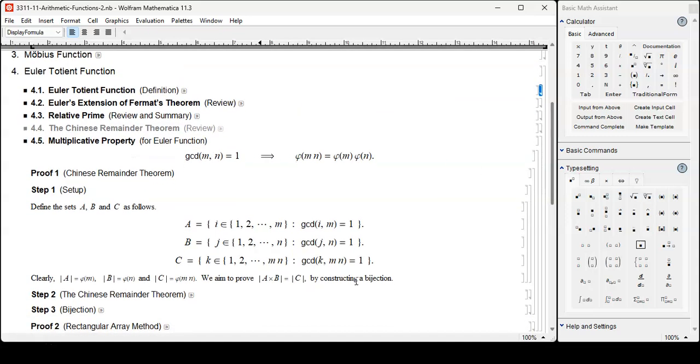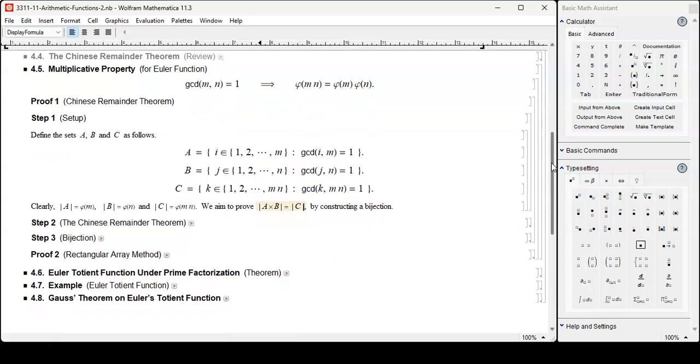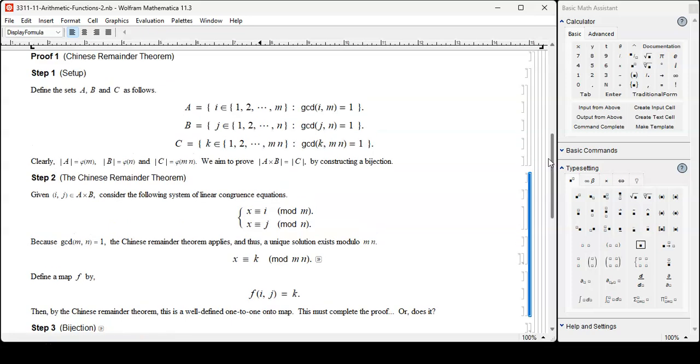Now we aim to prove the Cartesian product A times B has the same number of elements as C by constructing a bijection. How do you construct a bijection? Well, we're going to use the Chinese remainder theorem.